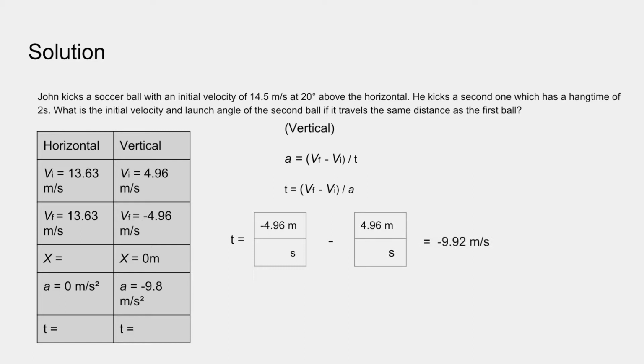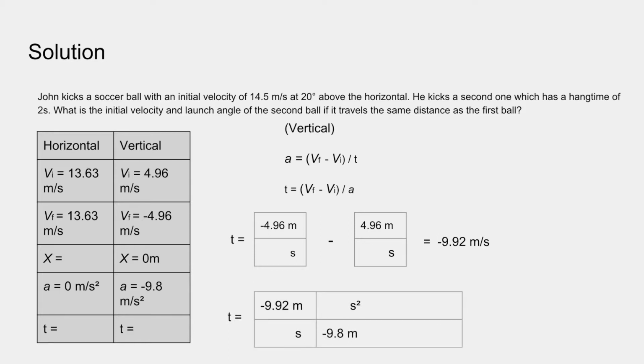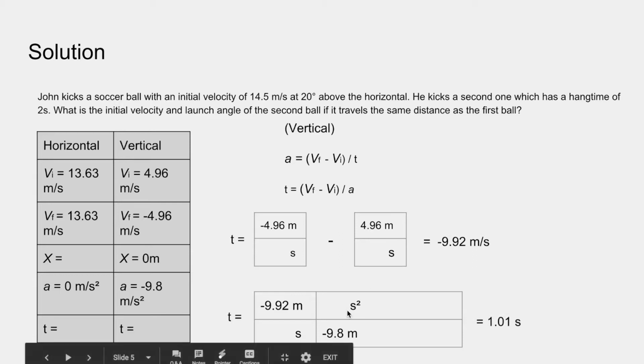That gives us negative 9.92 meters per second, and we have to divide that by acceleration. Negative 9.92 divided by negative 9.8 gives us 1.01. Meters will cancel here, and seconds squared divided by seconds just gives us seconds. So the time here is 1.01 seconds.